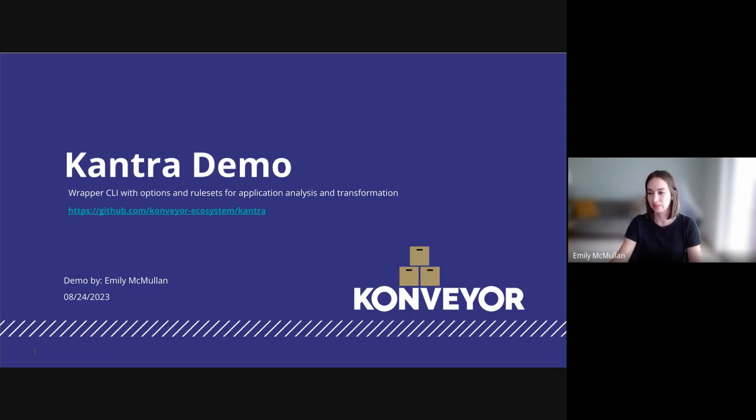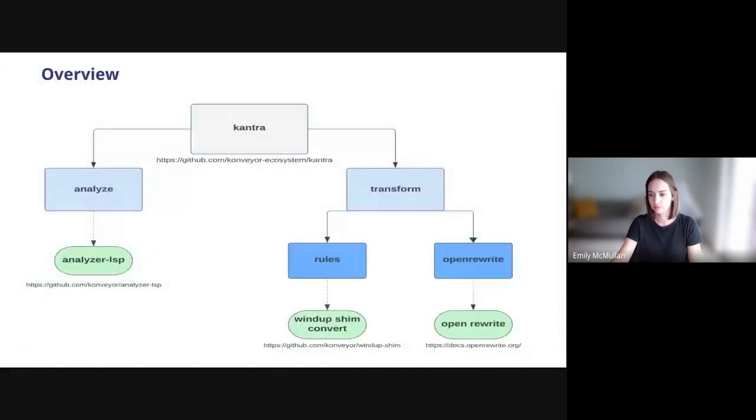Hi, everyone. My name is Emily, and I'm going to give a quick demo on the new Cantor CLI. A little overview of how it is laid out. Cantor has two primary subcommands, analyze and transform.